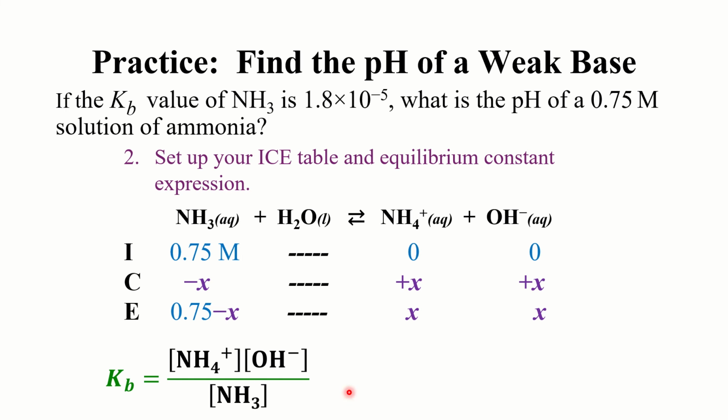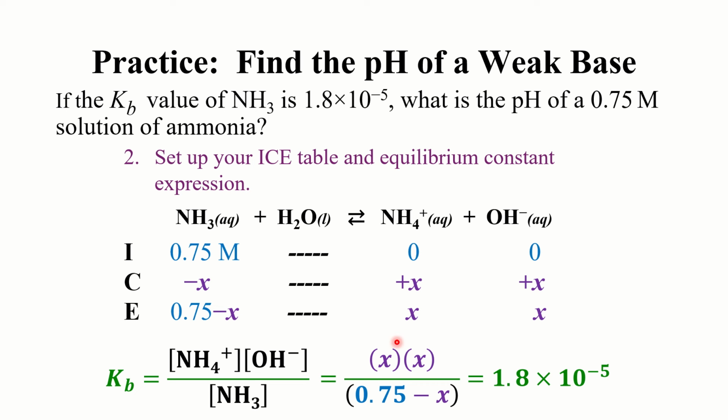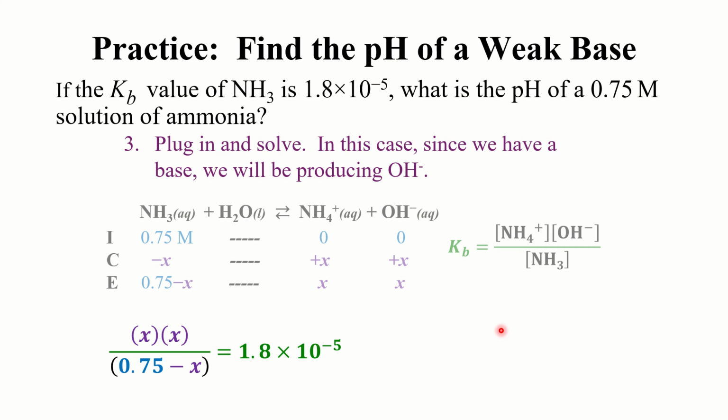Set up your Kb expression, so Kb equals products over reactants, so the concentration of NH4 plus times the concentration of OH minus divided by the concentration of NH3, and again noting here H2O is not included because it's a liquid. Plug in these values, so X for both products, 0.75 minus X for the reactant, and this is all equal to that value given, 1.8 times 10 to the negative fifth.